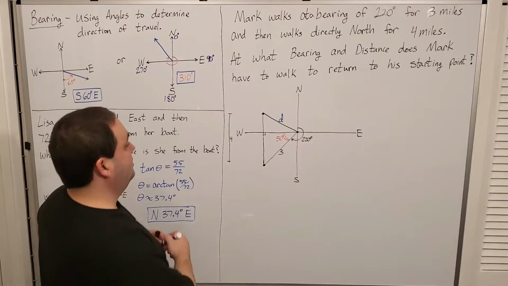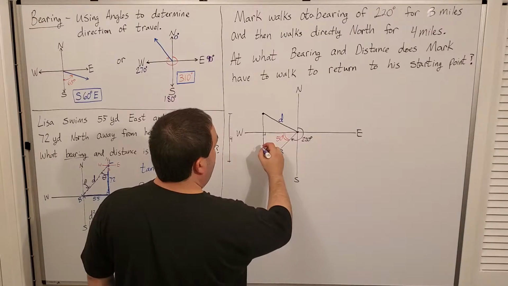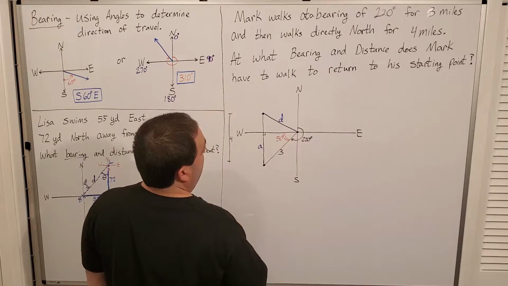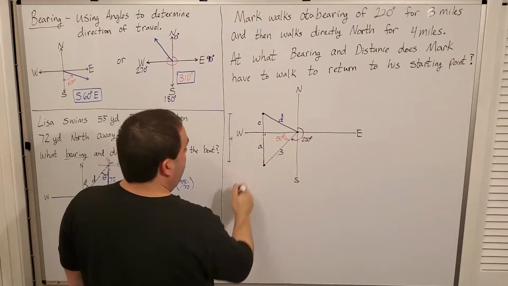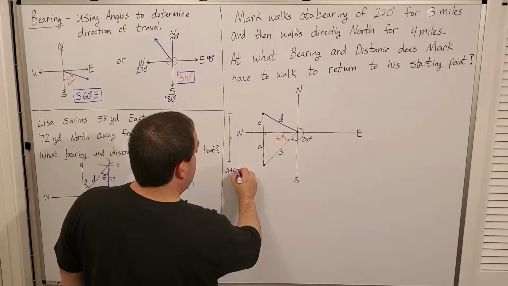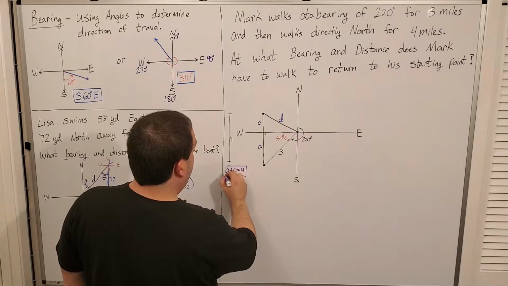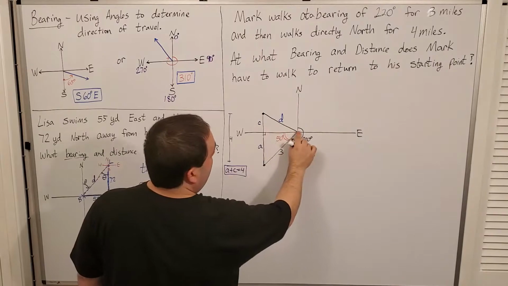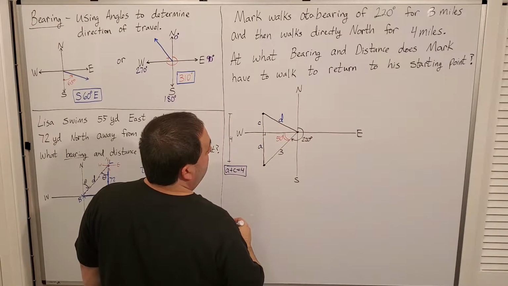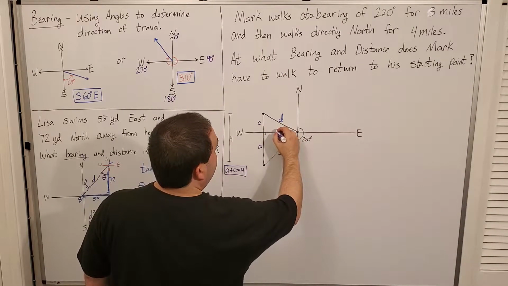Let's label these things. Let's call this one A. Let's call this one C. Okay, notice A plus C equals 4 from the way I have it labeled here. Okay, and then this little length right here, let's call it X.